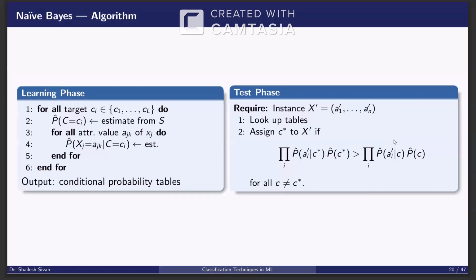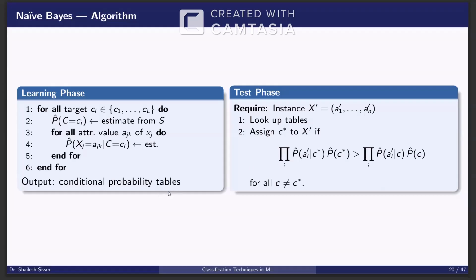So ultimately, what we have to do is, for all targets, estimate the probability of each target from the data. Then find the probability of each feature value for a class. This should be calculated beforehand, so we will get a conditional probability table.